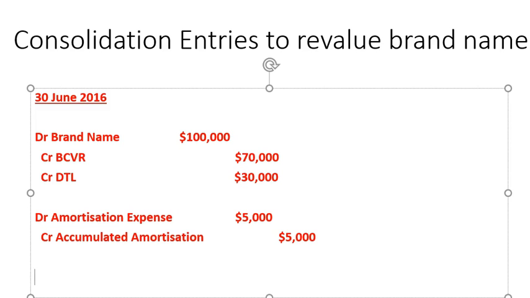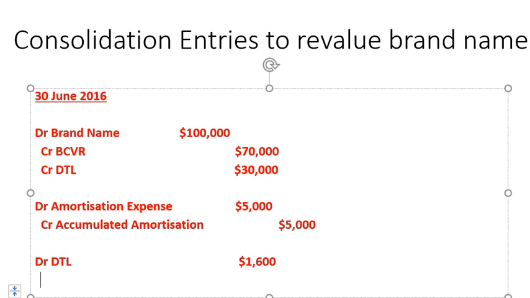So the way we're going to do that, we'll be debiting deferred tax liability by 30% of the $5,000, which is $1,600, and we will credit income tax expense by the same amount.